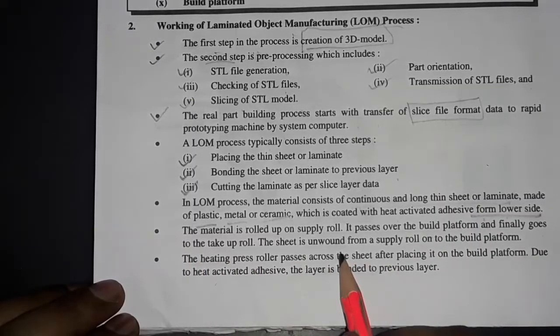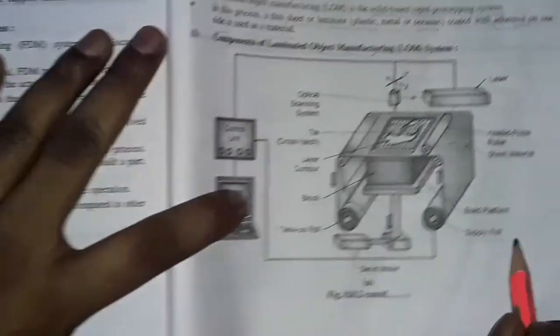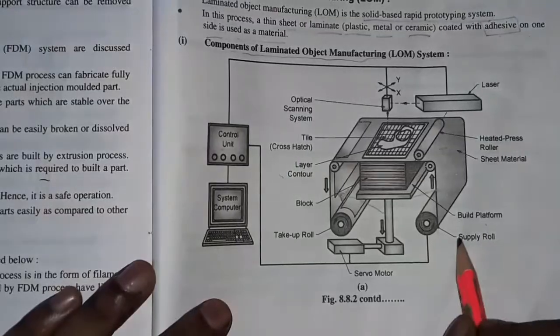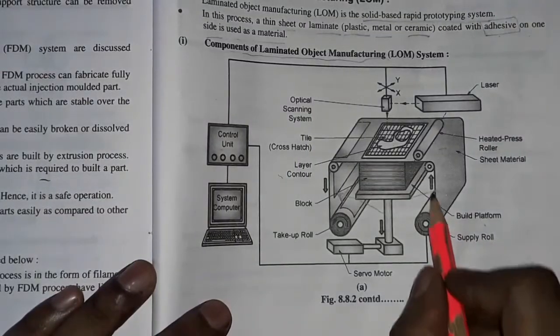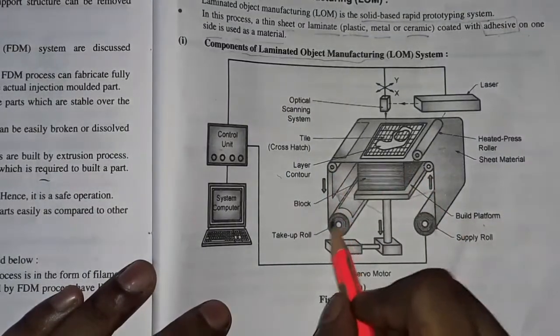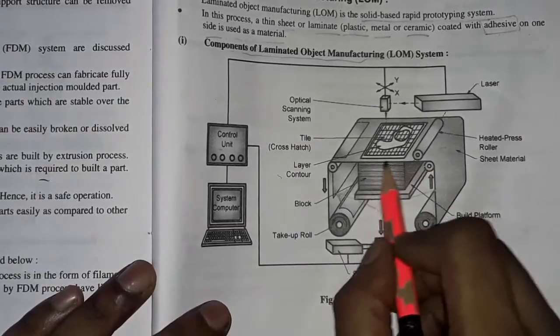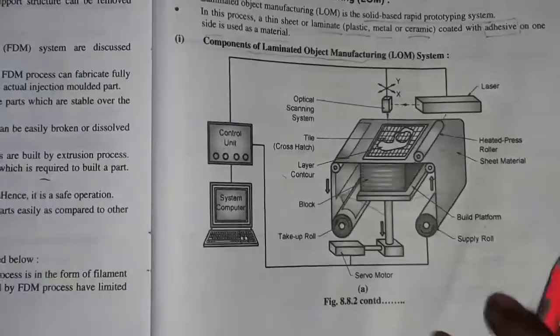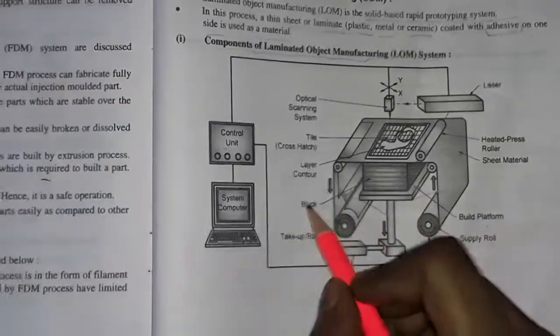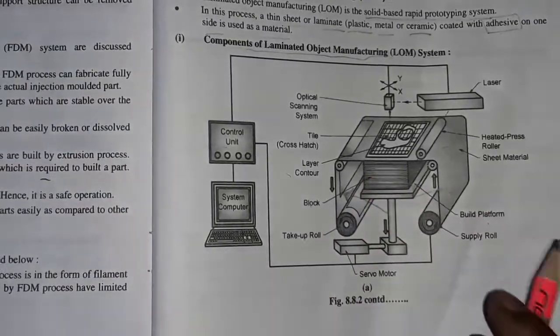The sheet is unwound from the supply roll onto the build platform. Here, this is our supply roll, and the material goes from this roll to the take-up roll through the build platform. Above that there are blocks.